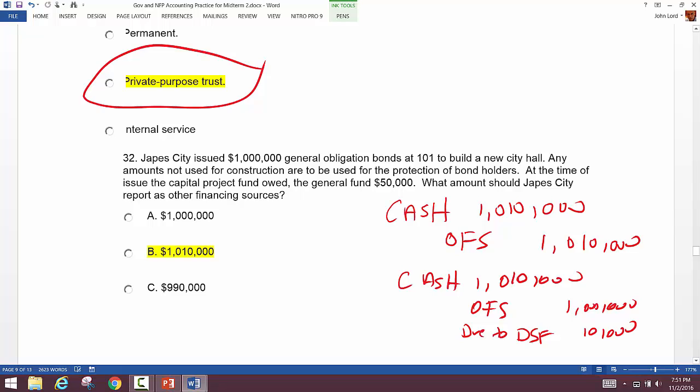If I gave you some other number here, then maybe B is all right, because it's got to be one or the other and he's not giving me an option here that puts enough into other financing sources. But if I give you $1 million and 1,010,000, that's not a fair question.